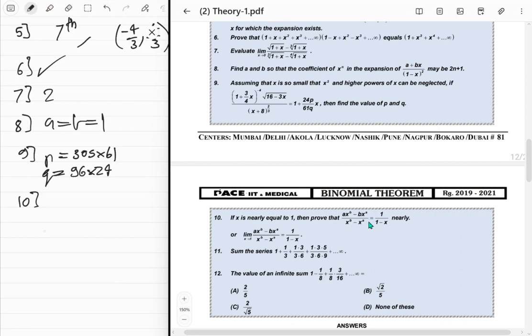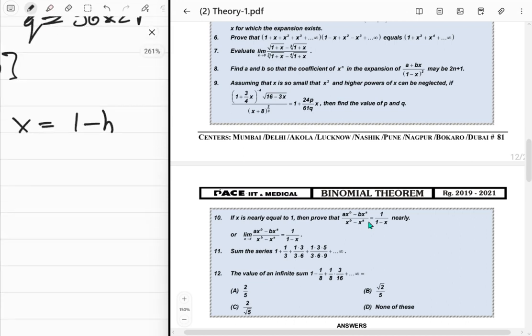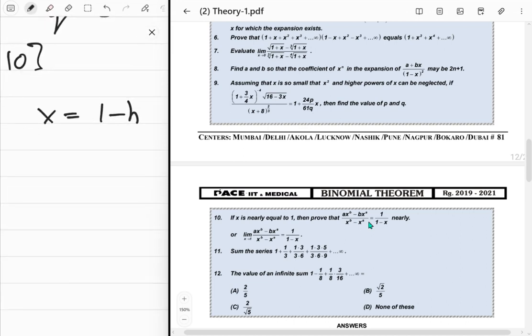So let's just say that x is 1 minus h. Okay, cool. So then this whole thing, we're just trying to prove that this is approximately 1 upon h, right?